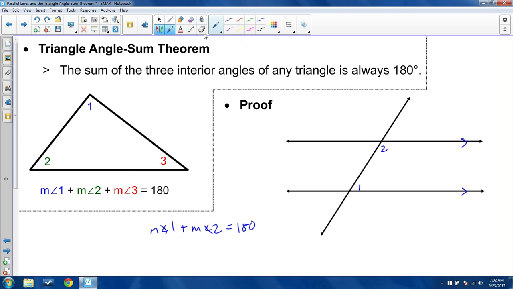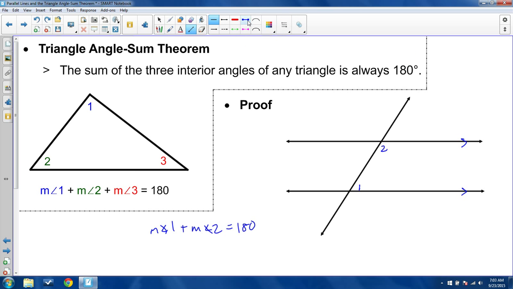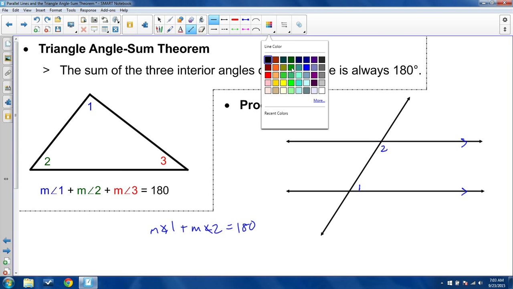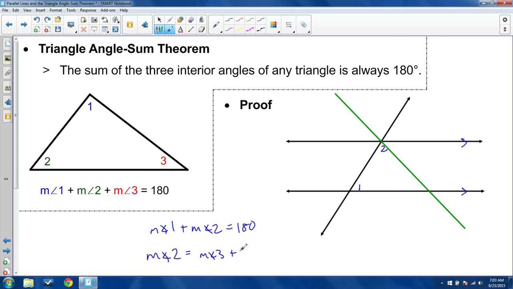Now if I added a new line, let's give it a different color, green, and I crossed it through that same portion right there that divides these lines up, I'm going to make the measure of angle 2 equivalent to two new angles, the measure of angle 3 plus the measure of angle 4.